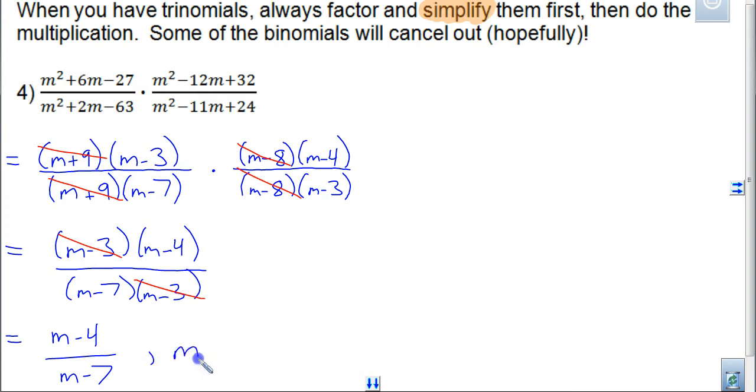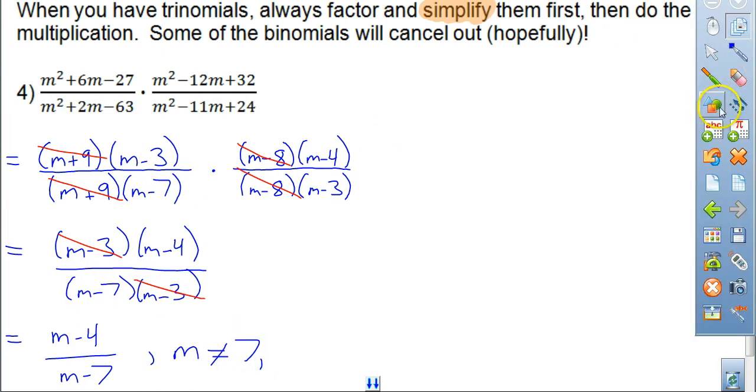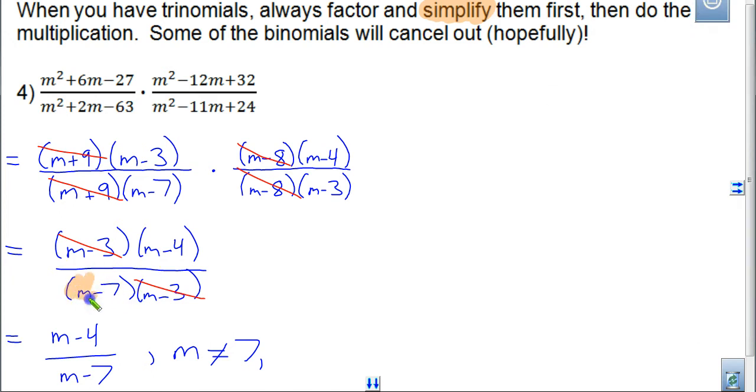Now in terms of restrictions, we're going to check all the way from the solution and up to see what will make the denominator 0. In the solution we see m minus 7, so that means m cannot be 7. Looking at the second last step here, we still have the binomial m minus 7, so 7 is a restriction. We also have the binomial m minus 3, so if m is equal to 3, that binomial becomes 0, and therefore the whole denominator.